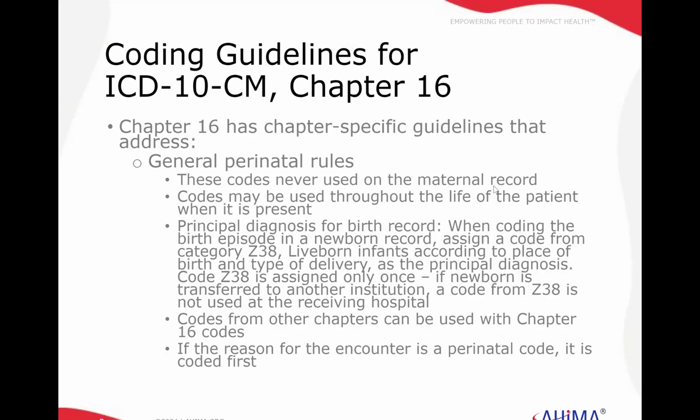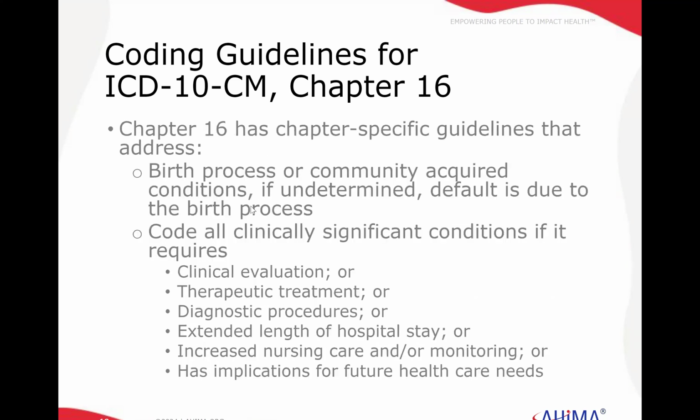And if you got that, you've got a lot of what you need to know for this specific chapter. They're chapter-specific guidelines. And again, a lot of these fall right in line with the general guidelines that we know and love at this point.